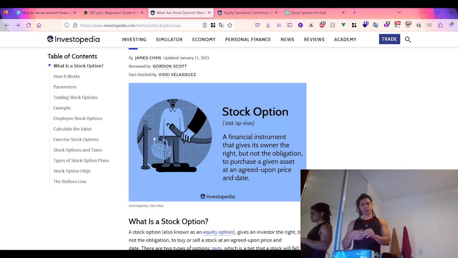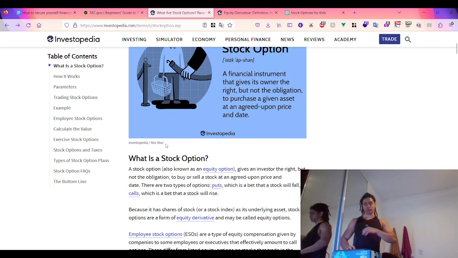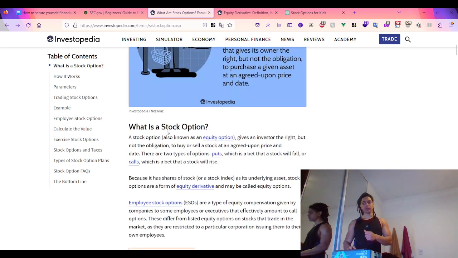It's also known as an equity option. There are two types of options: puts, a bet that the stock will fall, and calls, a bet that the stock will rise.